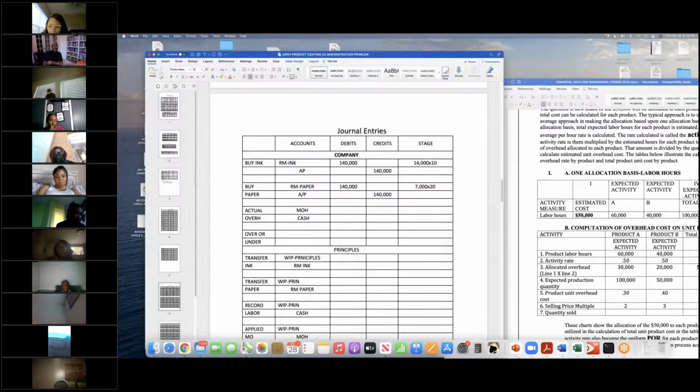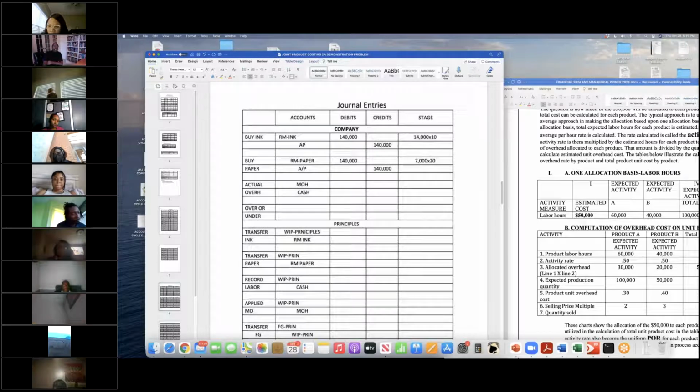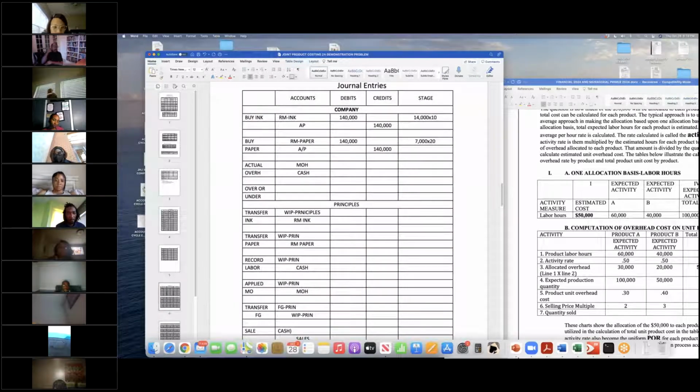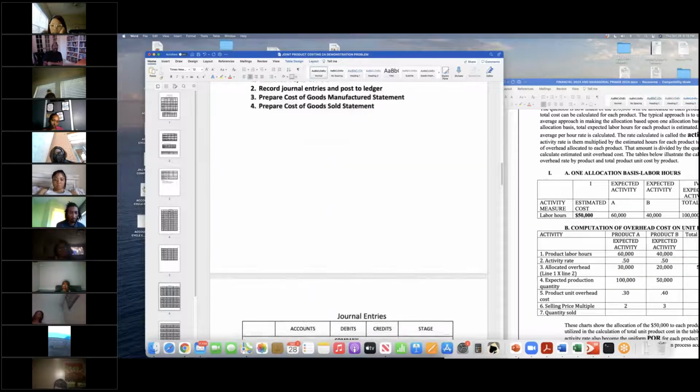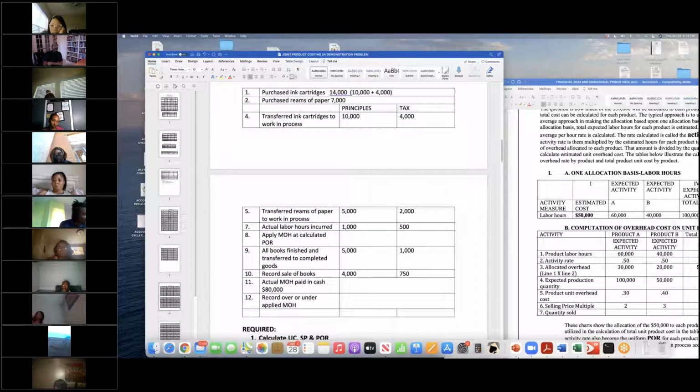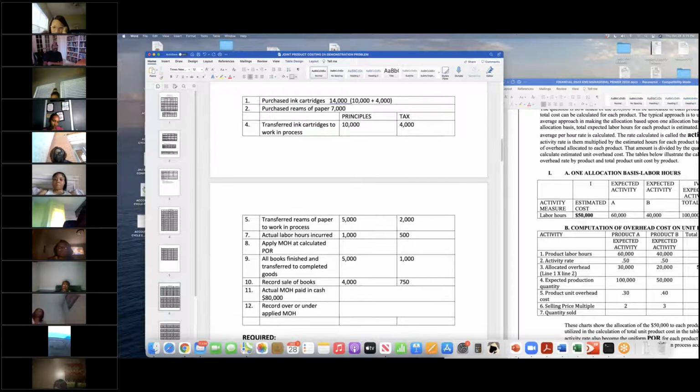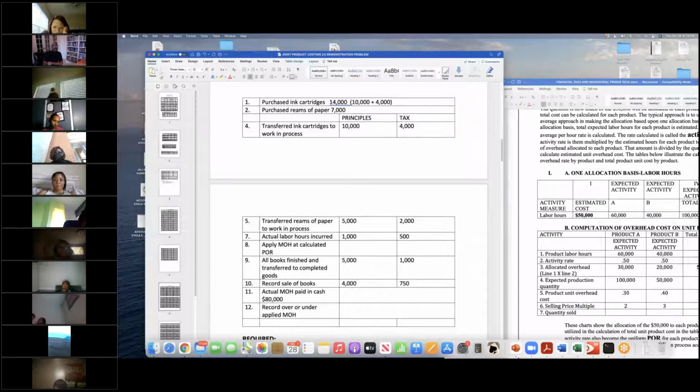Now why don't we work with the principal's book together, then I'll let you work with the tax book by yourself. The first thing we're going to do: it says transfer 10,000 ink cartridges to work in process.